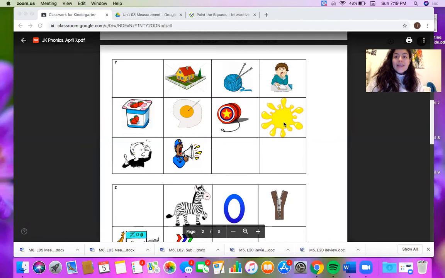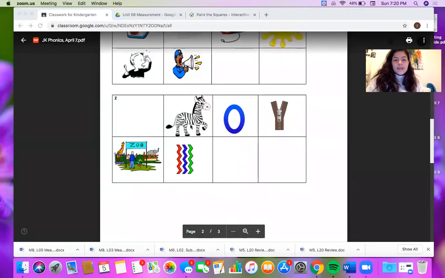This is the color yellow. This little boy doesn't like his food and he's saying, yuck. And this man, looks like a police officer, is yelling. Next, we have a zebra, the number 0, a zipper, a zoo, and some zigzags.